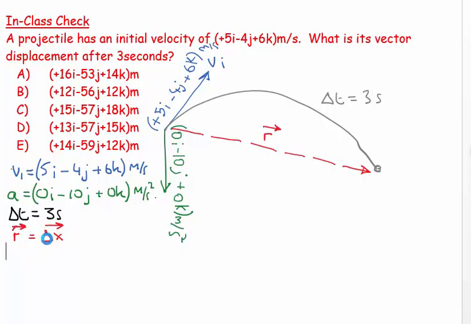So I need to find an equation that links these four things. And the obvious equation is delta x is equal to vi delta t plus 1/2 a delta t squared. And I want to represent it in vector form, so that's vector, and that's vector, and that's vector.